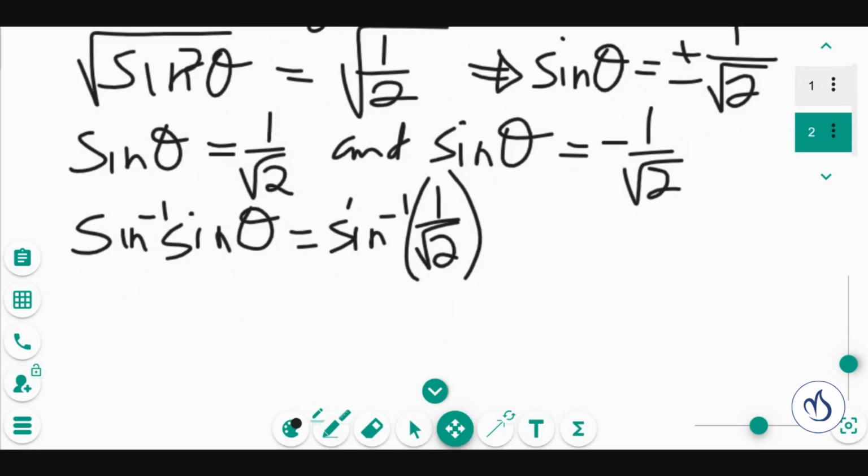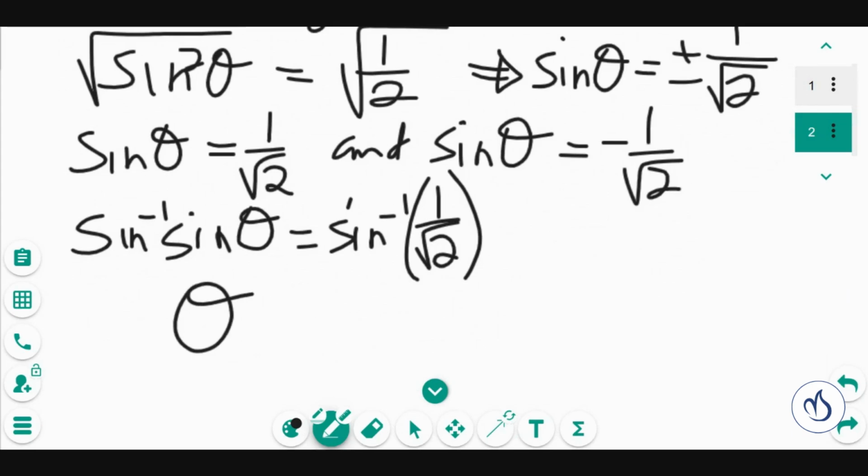However, when I'm dealing with the negative one, I will ignore the negative. I have now theta being the sine inverse of 1 over root 2. When you press sine inverse, open brackets, 1 over root 2, close brackets, you are going to get 45. That's what I've done. I have 45. What do you have? Yes, you have 45. Okay. So theta is 45. But remember, we said those are not our answers.